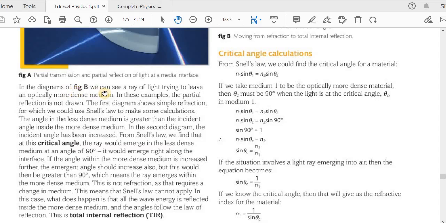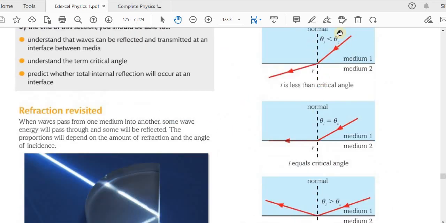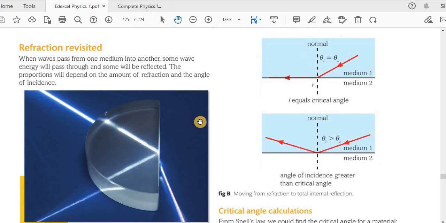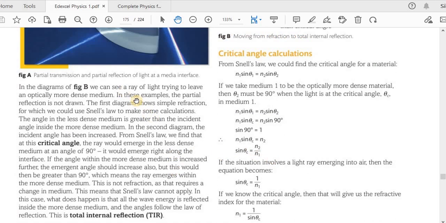In the diagrams of figure B, we can see the ray of light trying to leave an optically more dense medium. So you see the denser medium, I told you. It's trying to leave the denser medium. The first diagram shows simple refraction, for which we could use Snell's law to make some calculations. The angle in the less dense medium is greater than the incident angle inside the more dense medium.